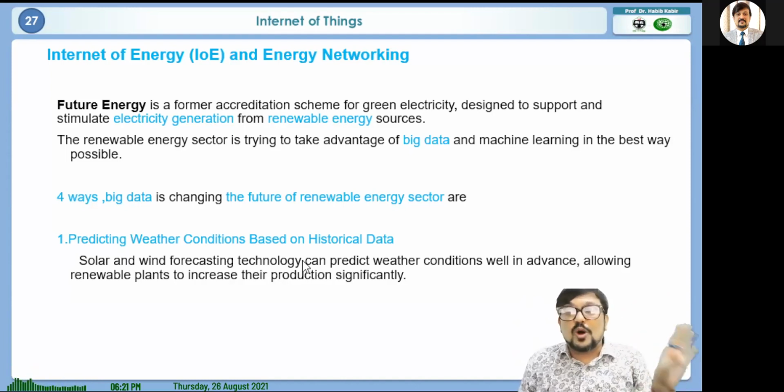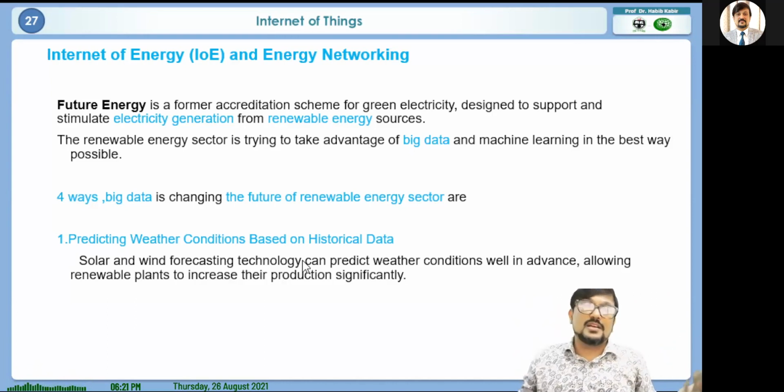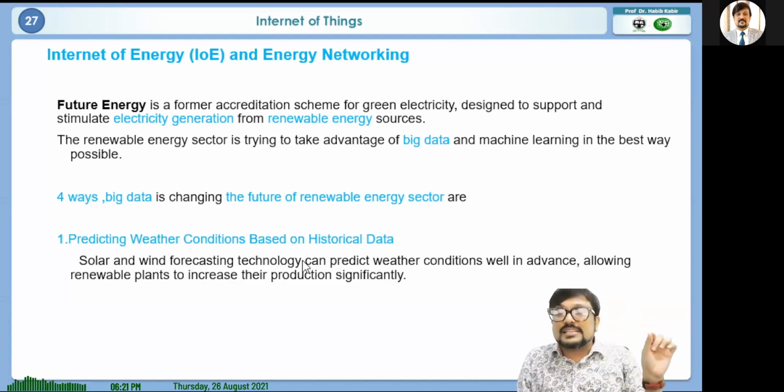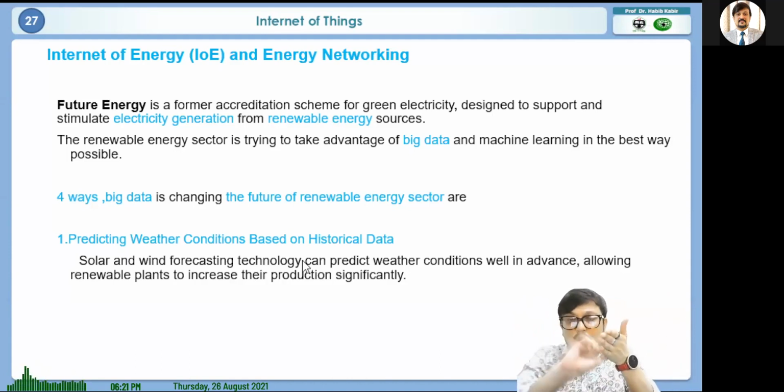The IBM Watson is used for the weather data. Because of that, Bangladesh weather data is not that predictable because we don't have the historical data, but you can predict Japanese weather because Japan has 100 years of previous data. They wrote all the things before.